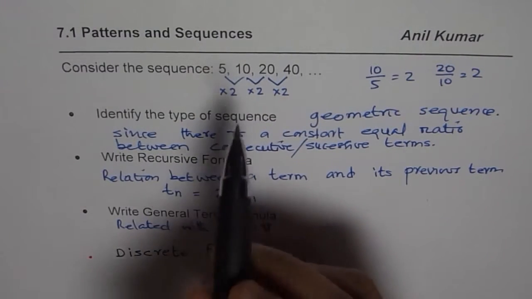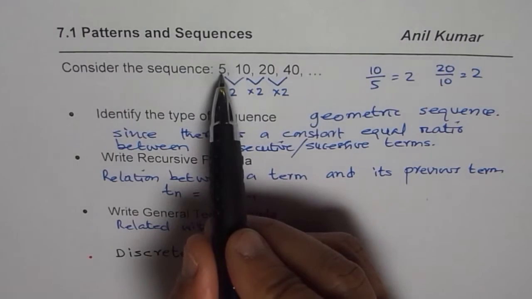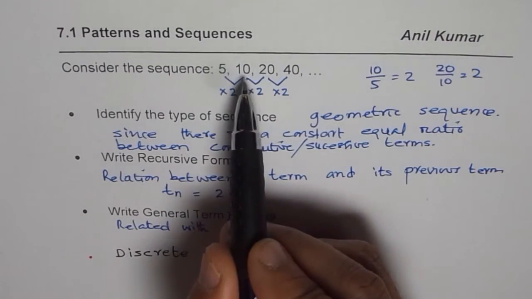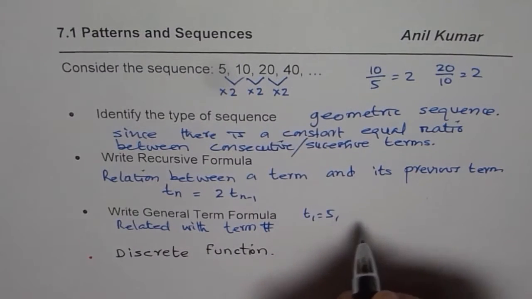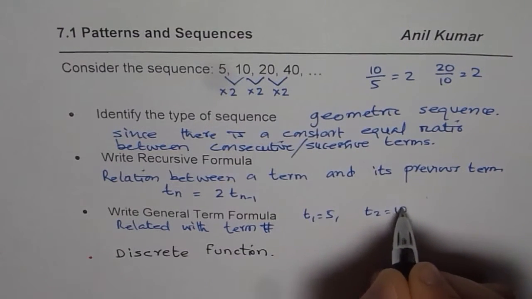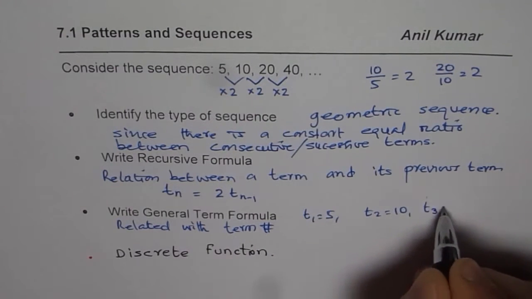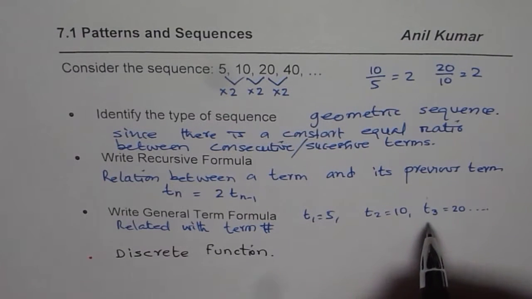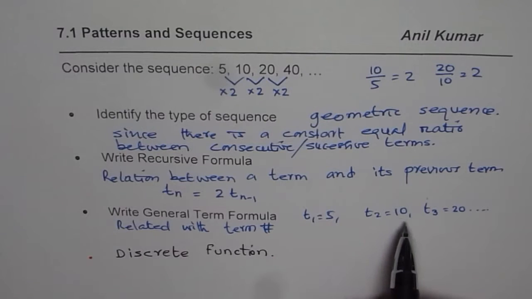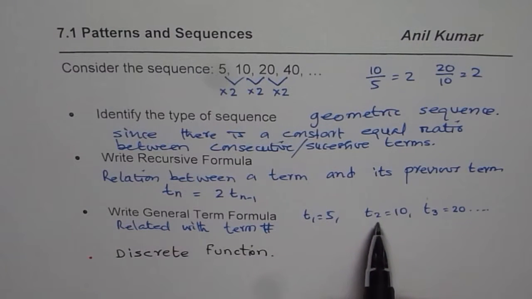So in this case, let us say the first term is 5, second is 10. So like this, we know T1 is 5, T2 is 10, T3 is 20, and so on. Now we need to give a formula so that we can directly get the number in relation with its term number, right? That is what the formula is all about.